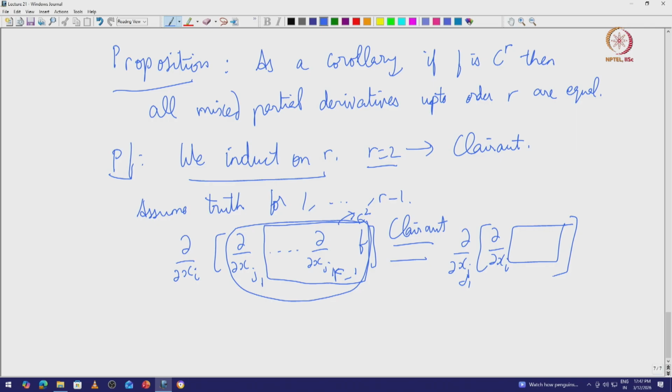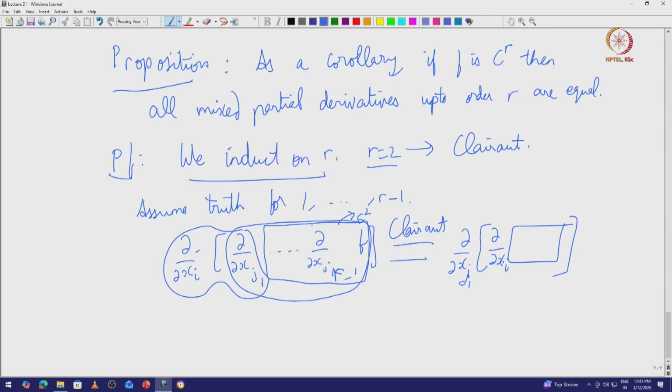So we can interchange these two partial derivatives. If you treat this entire thing as a function in its own right, we can interchange these two partial derivatives because this function, which I'm representing as a rectangle, is C2. Now what can we do?